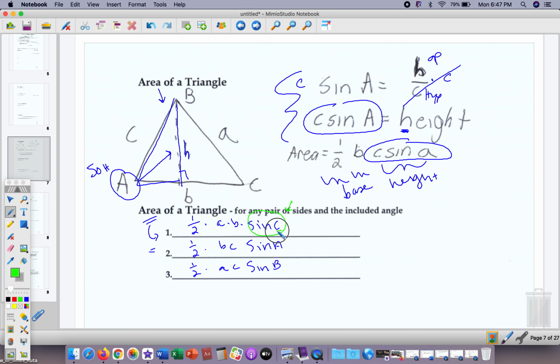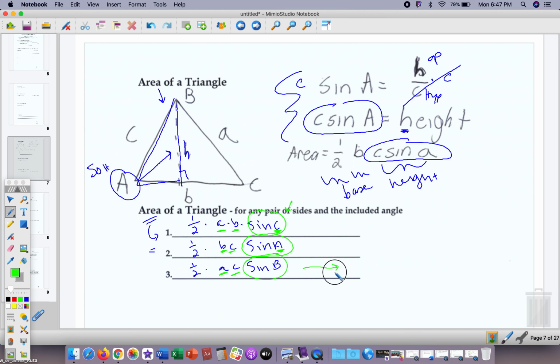And so if the angle C is used, then your sides will be the other letters A and B. If you're going to work with the angle A, then the other letters would be B and C, right? If you are working with angle B, then your other 2 letters A and C are going to represent your sides.